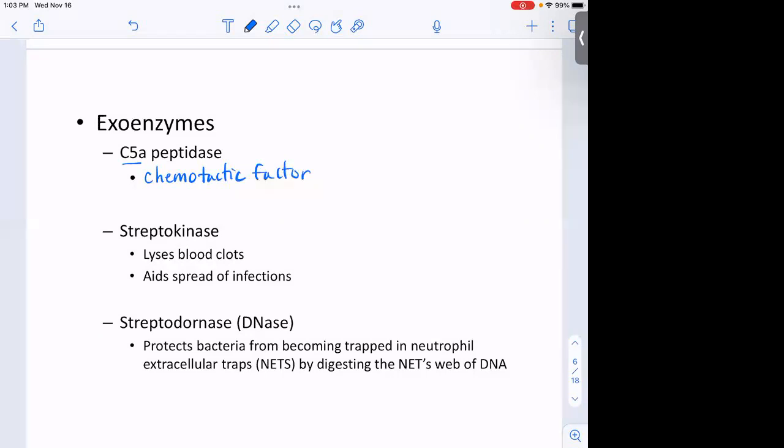which, remember, calls white blood cells to the site of infection or injury. And when those other cells get there, they release cytokines that cause inflammation. So chemotaxis and inflammation kind of go hand in hand.